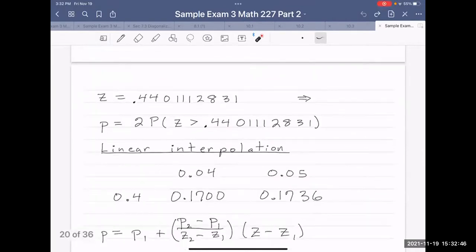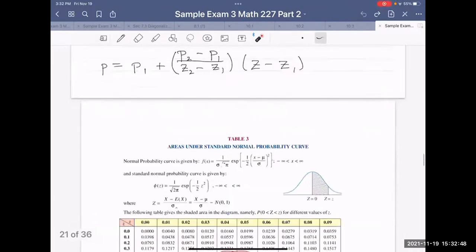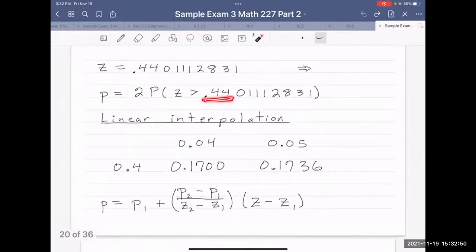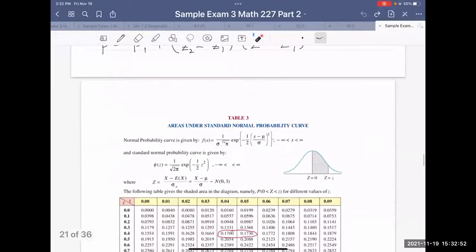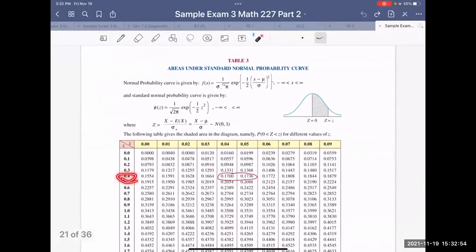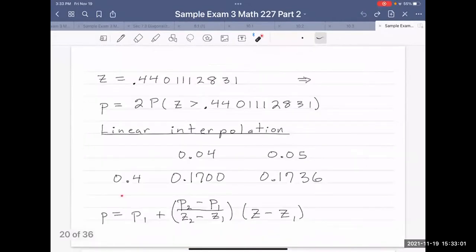So my p-value is twice the probability that z is greater than 0.4401112831. So let's look at that, it's somewhere between 0.44 and 0.45, so 0.1700 and 0.1736. So let's figure out what the probability is.